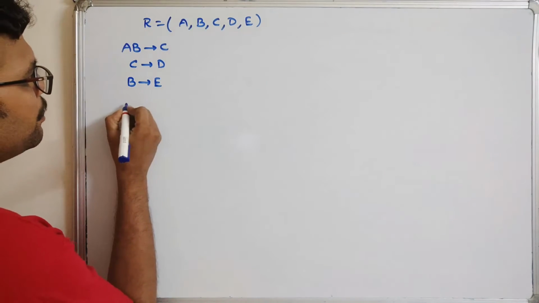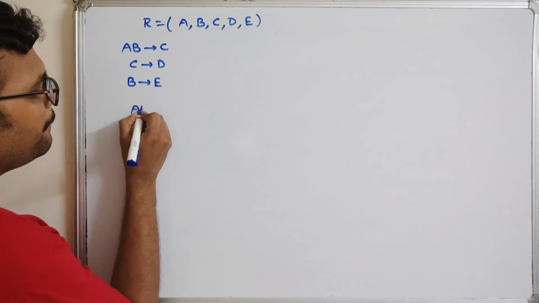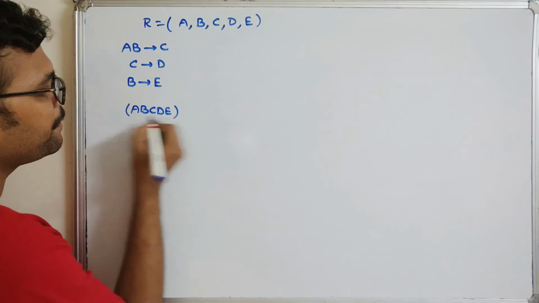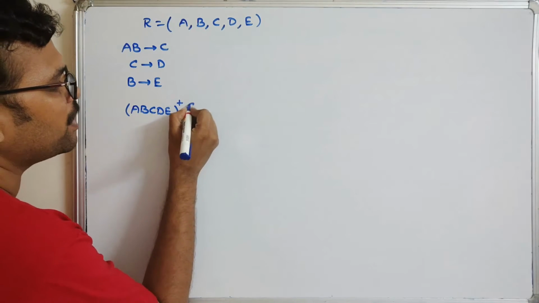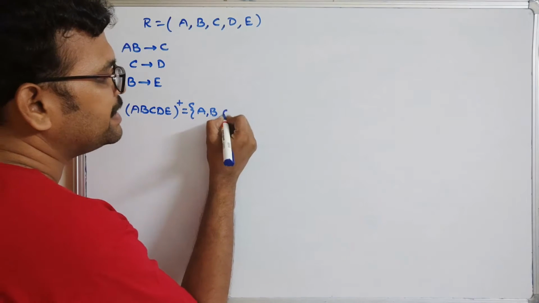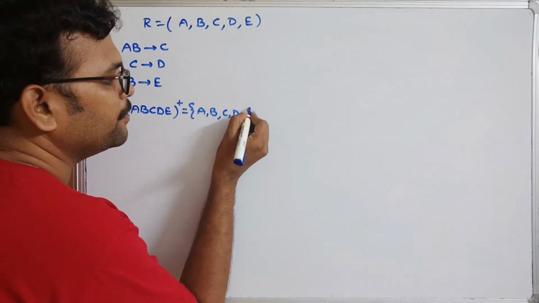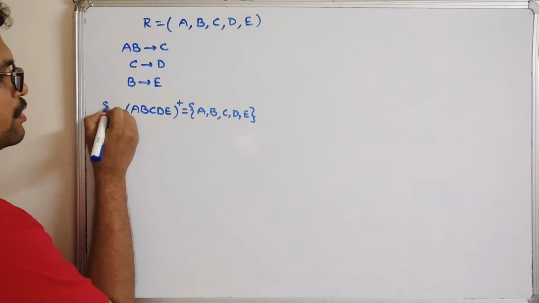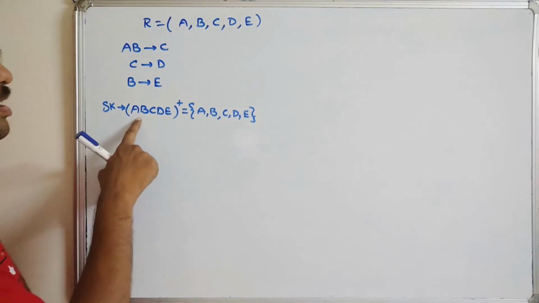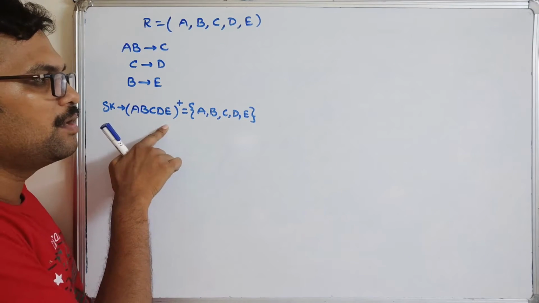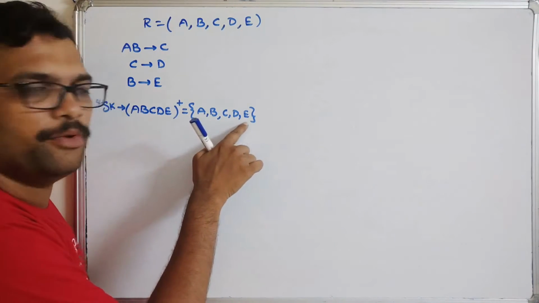Now the possibility A, B, C, D and E, the closure of this one is obviously A, B, C, D and E. So this is one super key, because the closure of A, B, C, D, E can determine all the attributes.